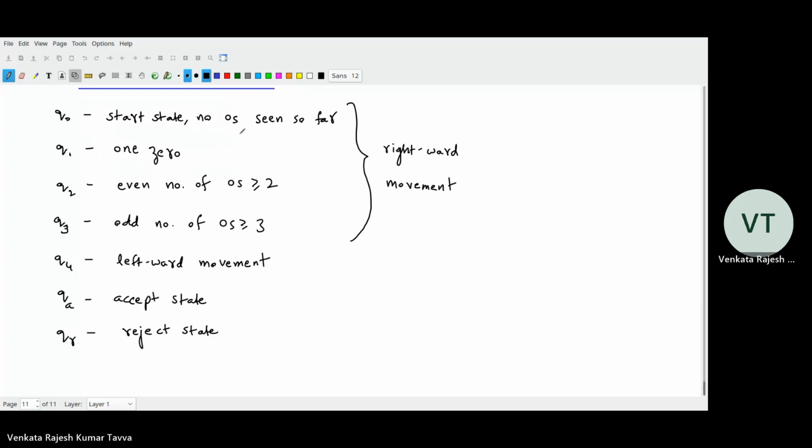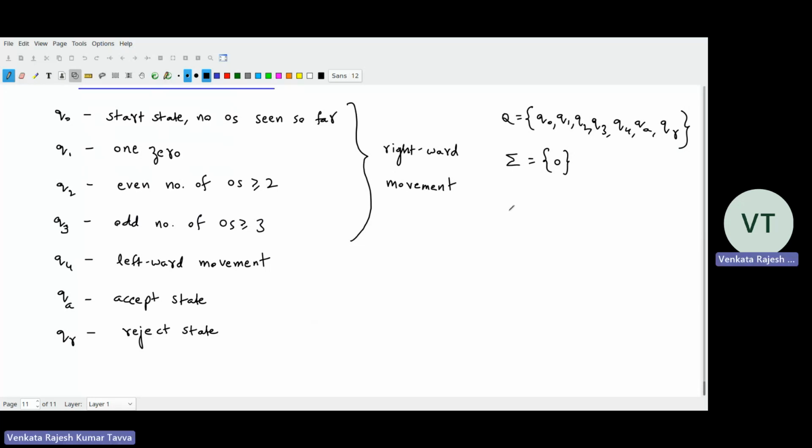And Q is these states: Q0, Q1, Q2, Q3, Q4, Q accept, and Q reject. What is sigma? What is the input alphabet? 0. You have strings only with zeros. Whatever characters are allowed in the strings of the language, those alone constitute the input alphabet. That's it. Don't worry about anything else.